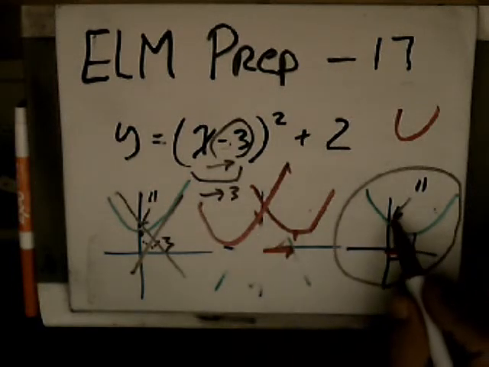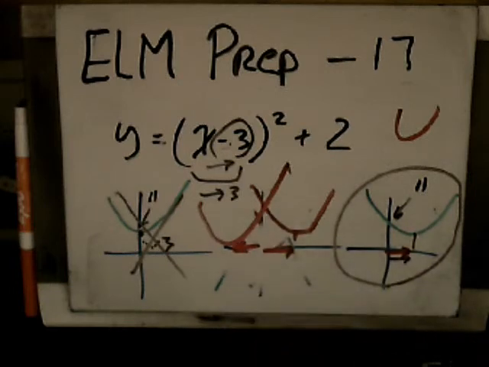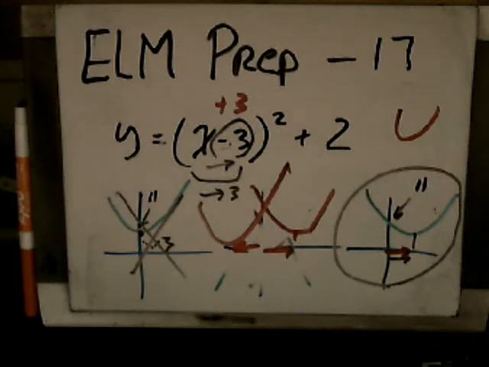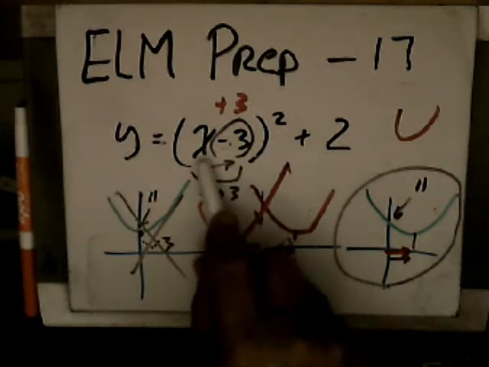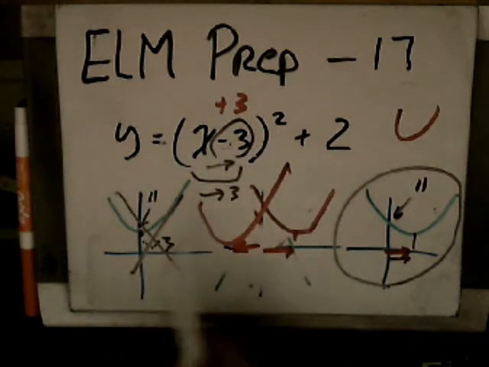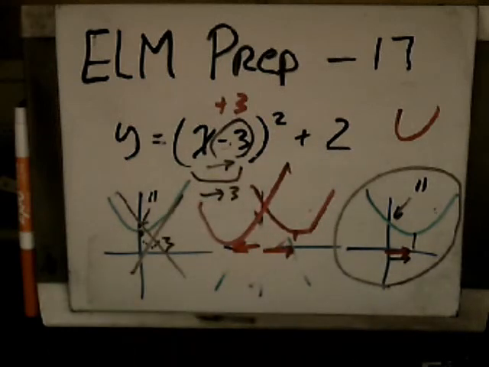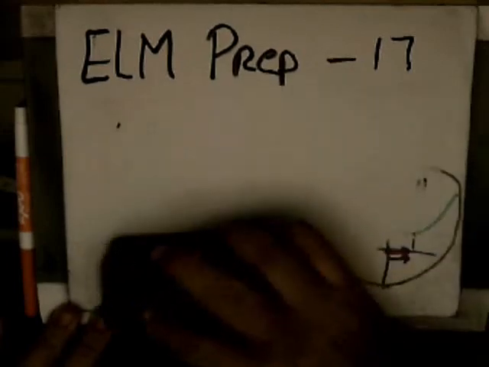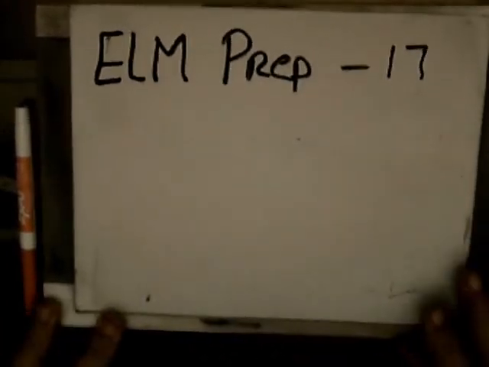They both cross at the same point. This is shifted to the left. That would be caused by a plus 3 inside. So whatever is inside the parentheses with the x, that will cause it to shift left or right opposite to the value.